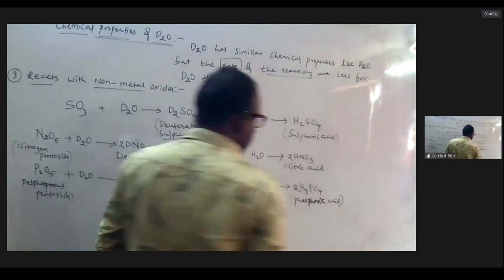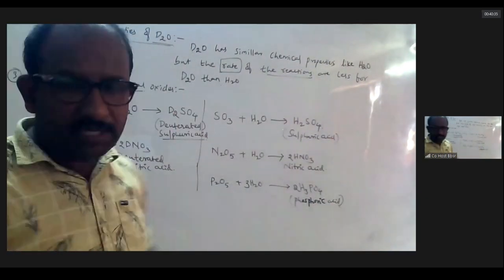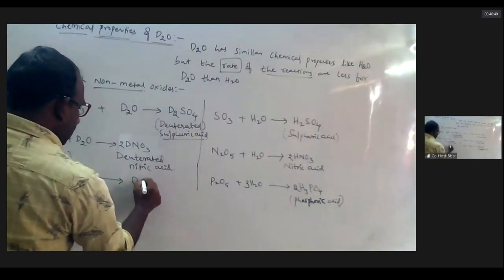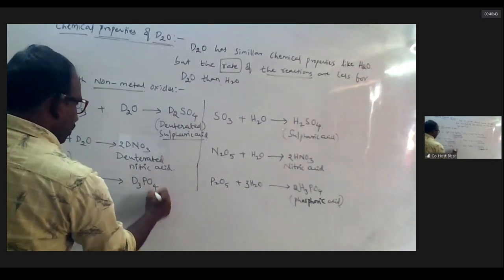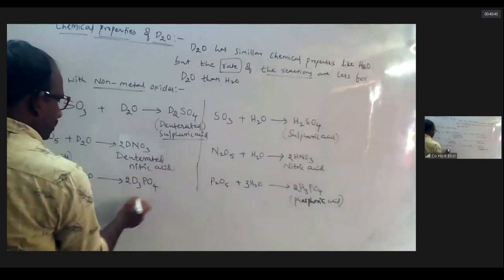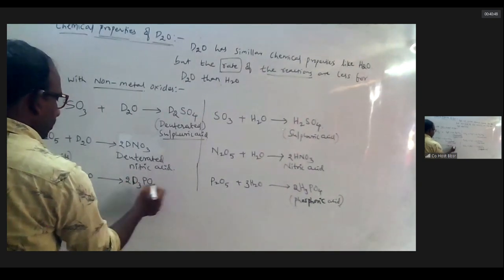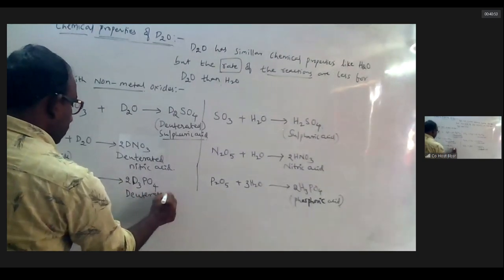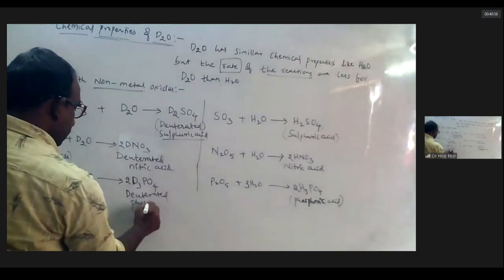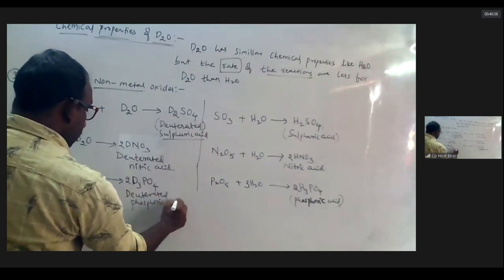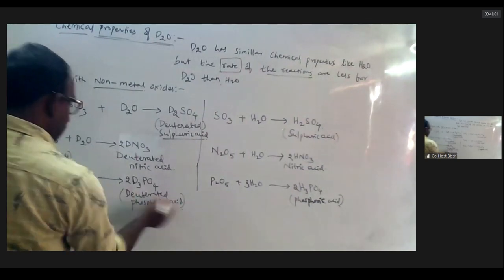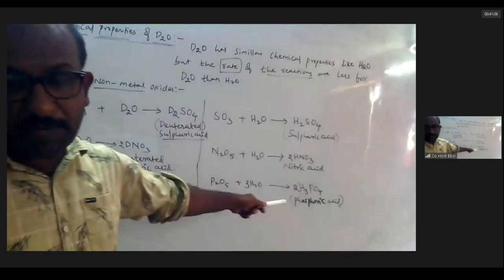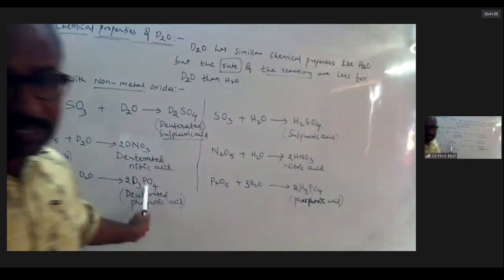Phosphoric acid. यहाँ पर D3PO4, H के जगह D यहाँ पर लिखना है, 2D3PO4. इसका नाम क्या है? ड्यूटरेटेड फास्फोरिक एसिड. दिस इज फास्फोरिक एसिड, दिस इज ड्यूटरेटेड फास्फोरिक एसिड.